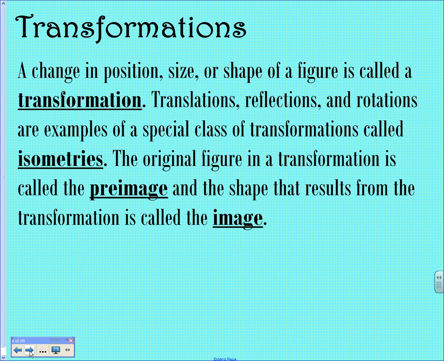A lot of definitions and vocab. So you start with your pre-image, and your final result is called your image.